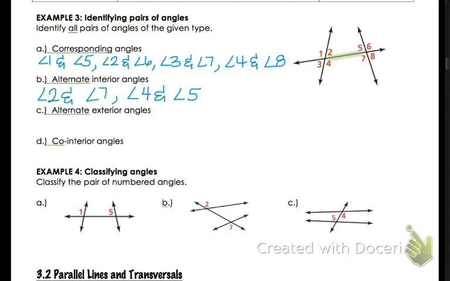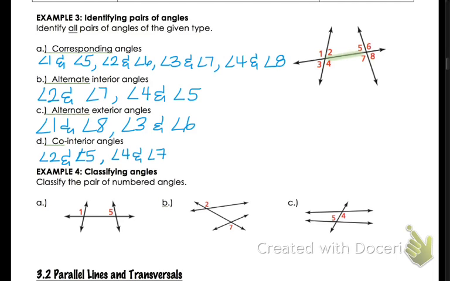Alternate exterior, we'll be looking on the outside of the lines, so it would be angle 1 and angle 8, and then angle 3 and angle 6. And then lastly, the co-interiors would be between and on the same side, so that would be angle 2 and angle 5, and then it would be angle 4 and angle 7.